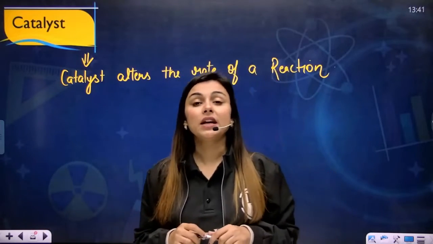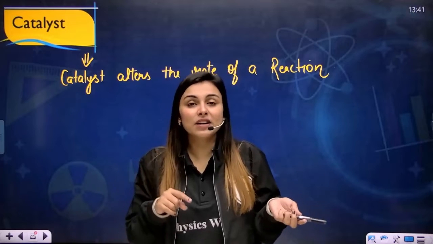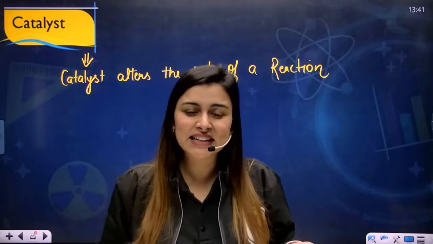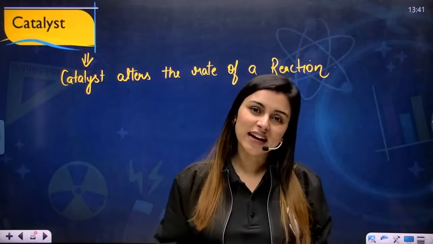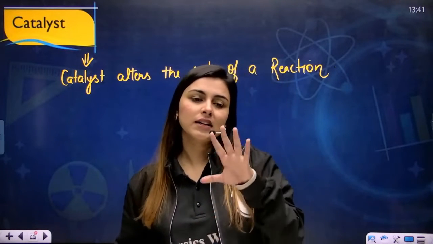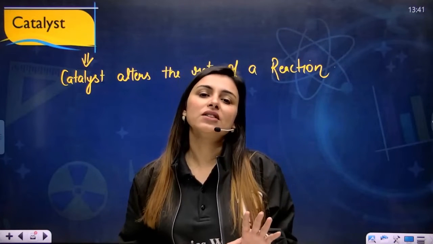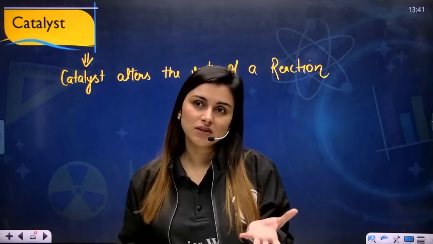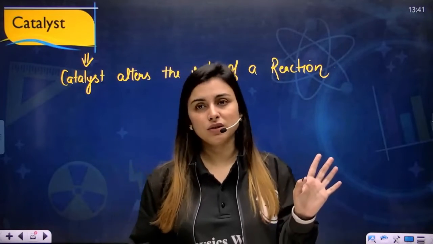So the rate might increase, and the rate might decrease. That is the role of your negative catalyst. But generally, when it is not specified in the question, you're just told that a catalyst is used, mostly, my dear students, your catalyst is a positive catalyst. Okay, it always increases the rate of the reaction.